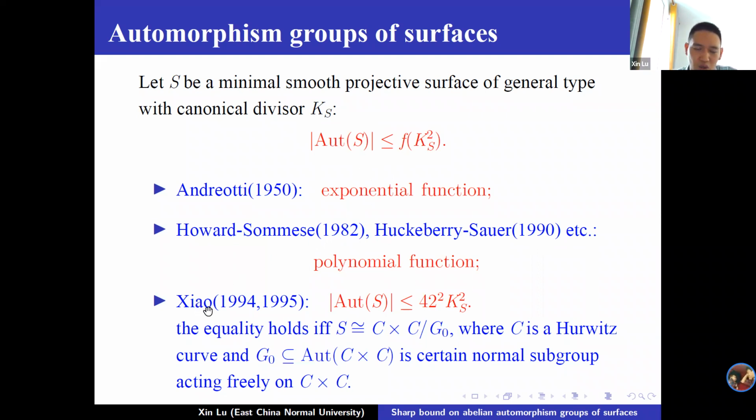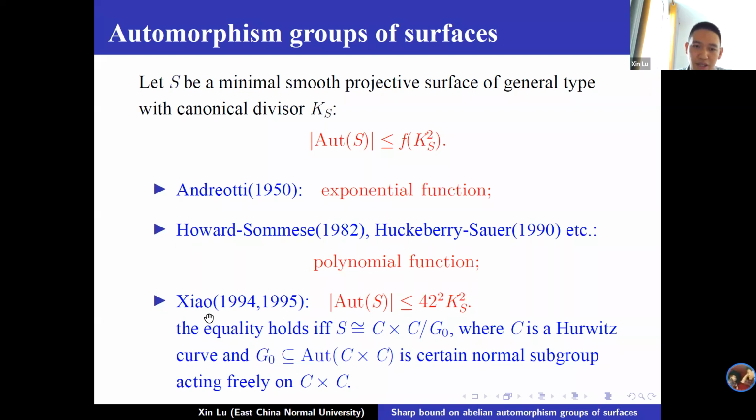Finally, it was shown by Gang Xiao that the automorphism group of a surface of general type is linearly bounded by K_S squared, the self-intersection number. And the bound given by Gang Xiao is also sharp here.